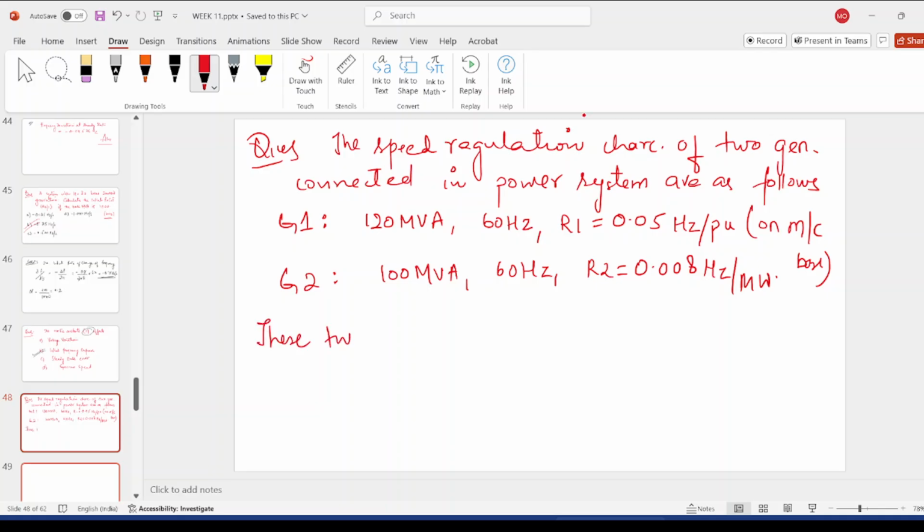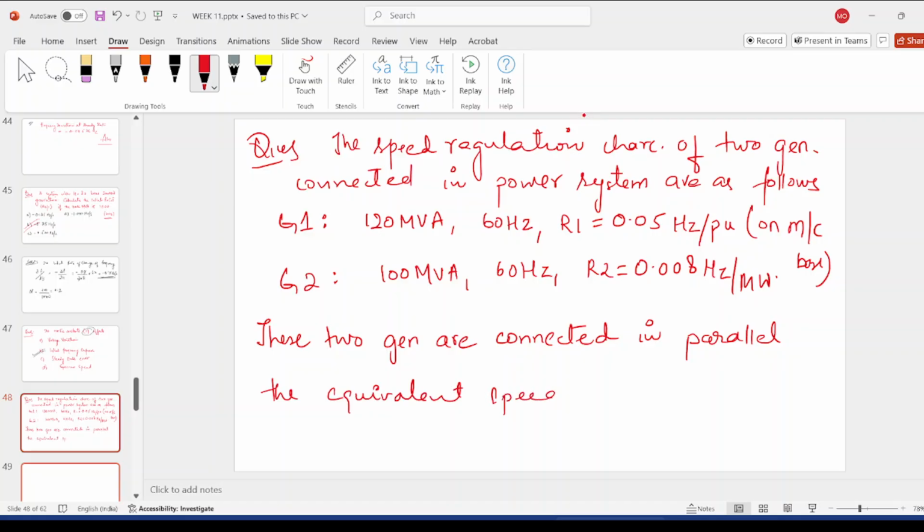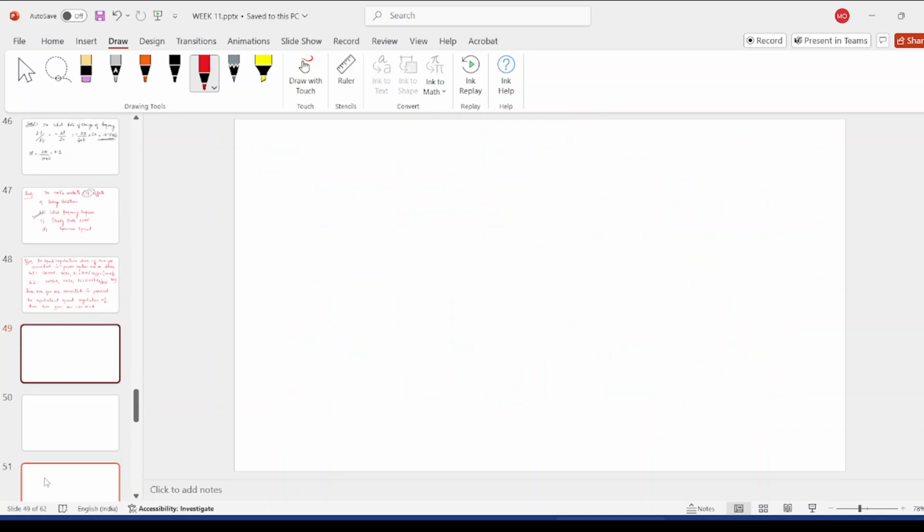These two generators are connected in parallel. The equivalent speed regulation of these two generators on a 120 MVA base is, we have to find out.